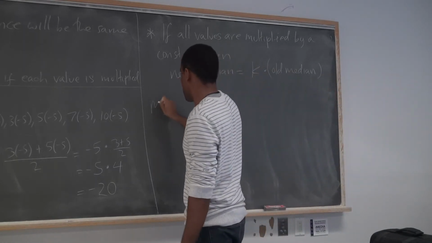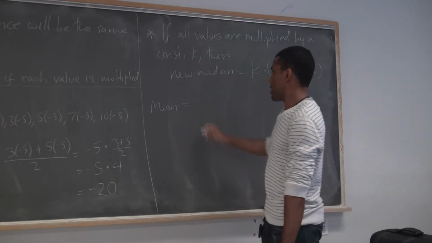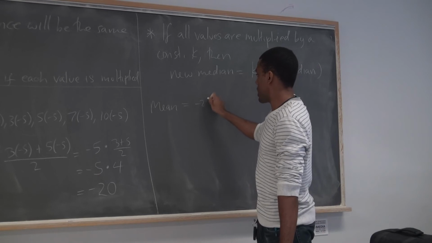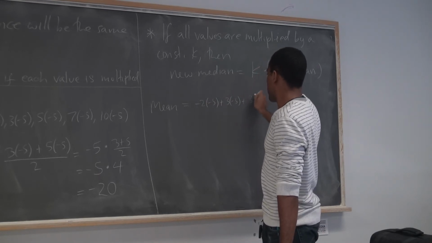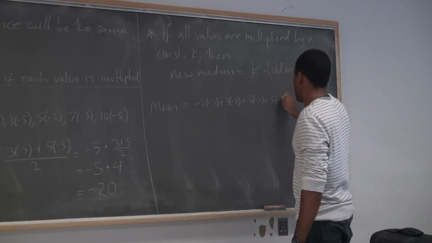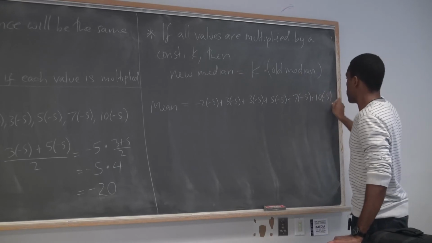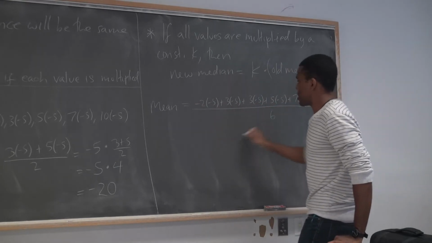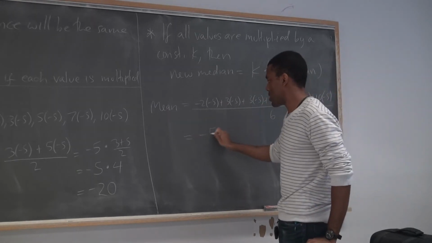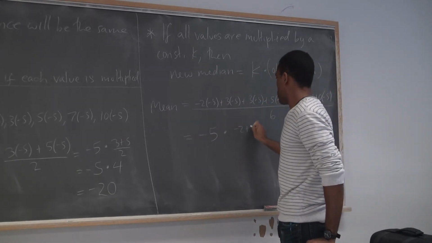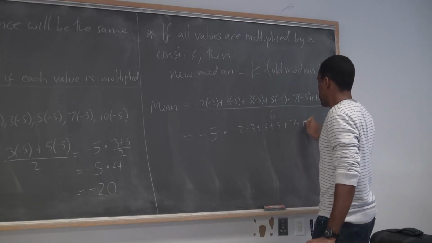What's the next one? The mean. Same sort of idea. So we would have to add all these guys. 2 times minus 5 plus 3 times minus 5 plus 3 times minus 5 plus 5 times minus 5 plus 7 times minus 5 plus 10 times minus 5 all over 6. What happens here is there's a minus 5 in everybody, which means I can factor out minus 5. And I have 2 plus 3 plus 3 plus 5 plus 7 plus 10.